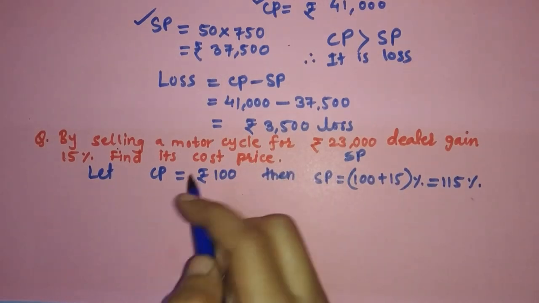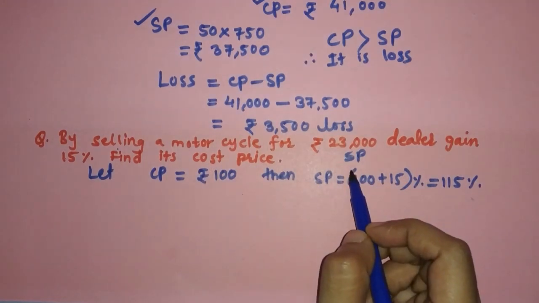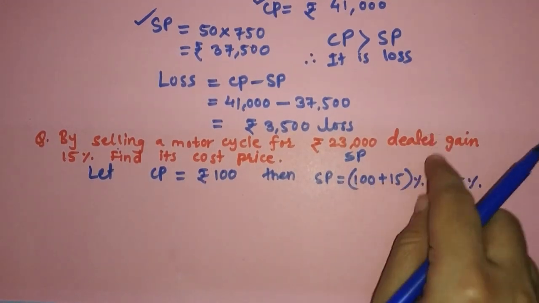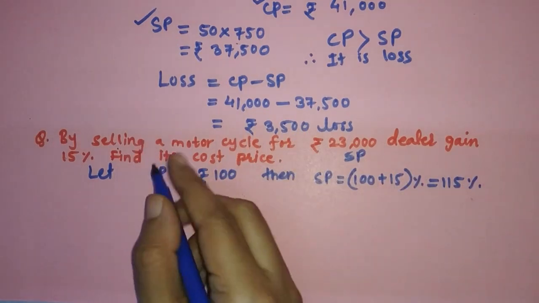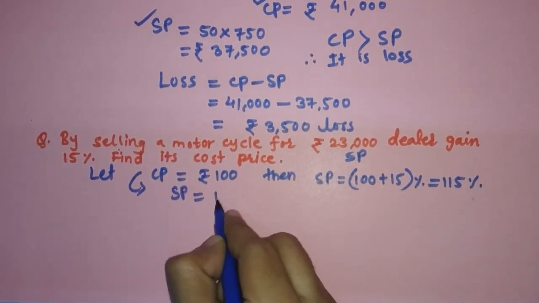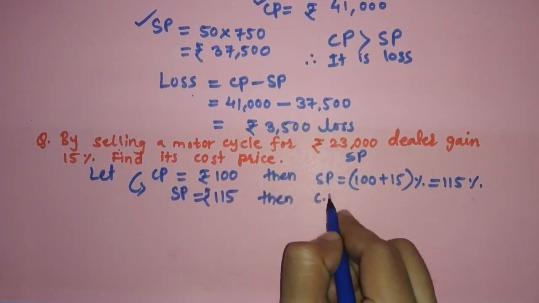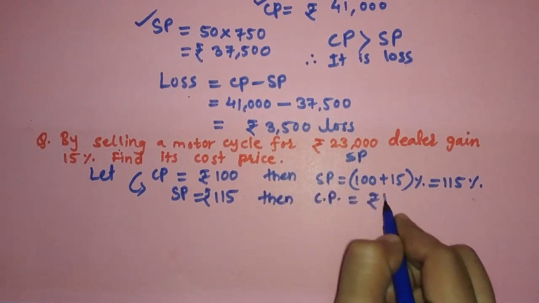So here we need to find out the cost price, and we are provided with the selling price. So again I'll write down this sentence. It means that if a selling price is rupees 115, then the cost price is going to be rupees 100.